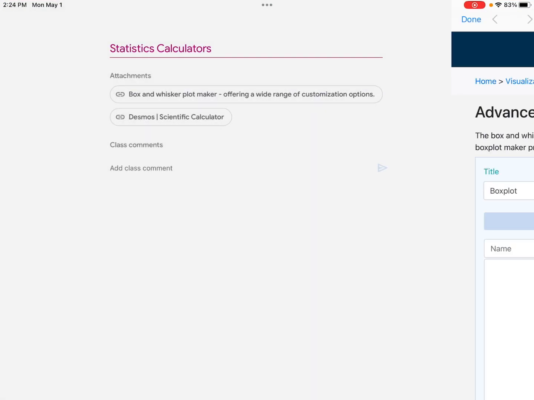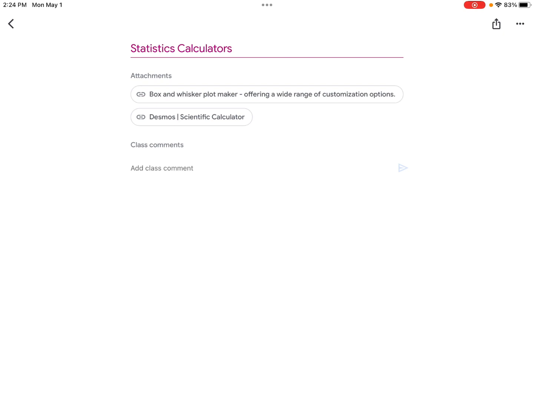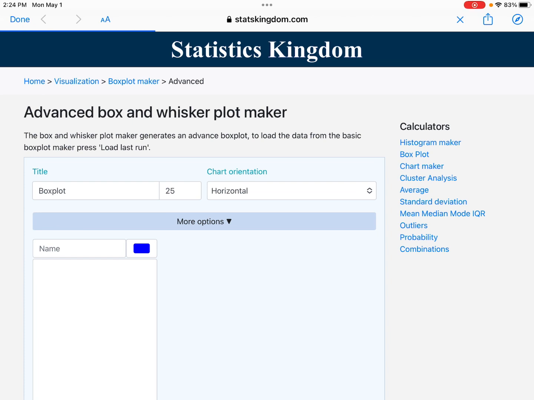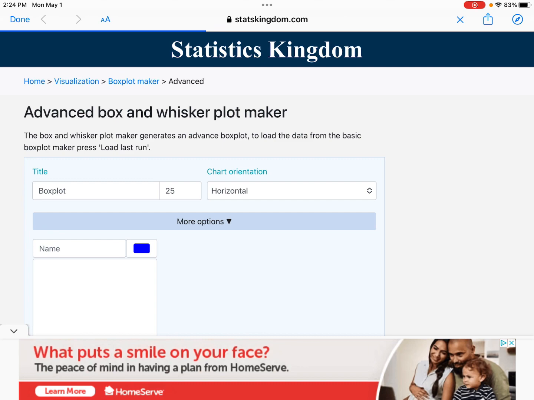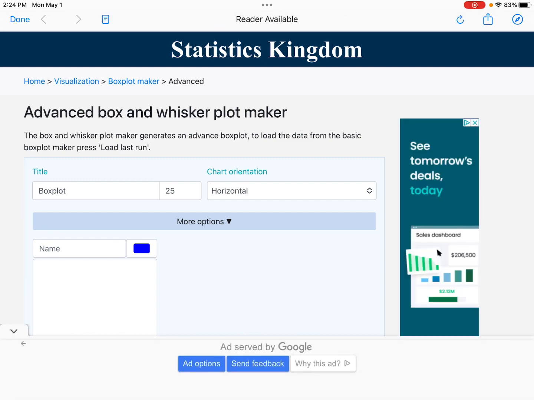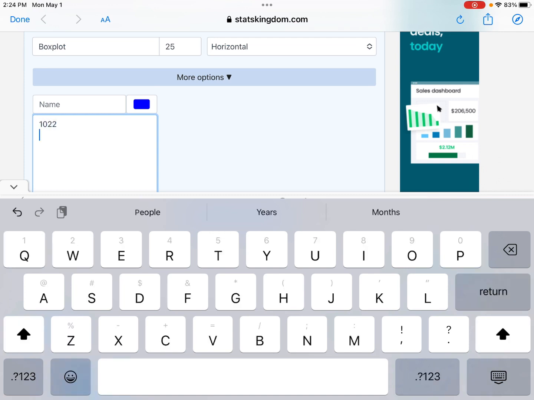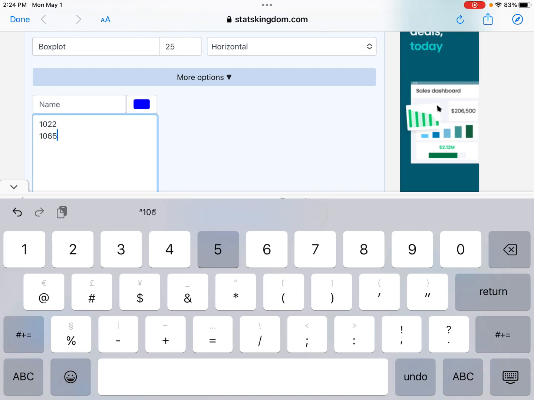And then I went to the statistics calculator that I posted yesterday, and I went to the box and whisker. That link is there in Google Classroom still. And I'm going to type in these numbers. Now, don't use the commas in the numbers, okay? So 1022, just type it in 1022. And you can enter one on each line. So I'm just going to type these in real quick.